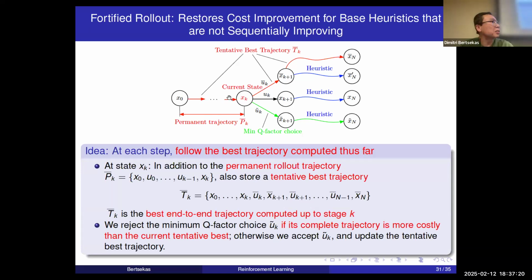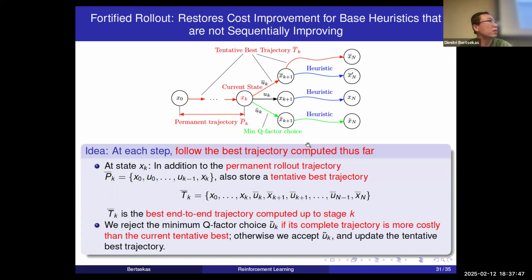And fortified rollout is applied to deal with the case where you are not sure whether or not sequential improvement condition holds, right? So if you are not sure if the base heuristic you use satisfies the sequential improvement condition, then it's always a good idea to implement the fortified rollout variation.